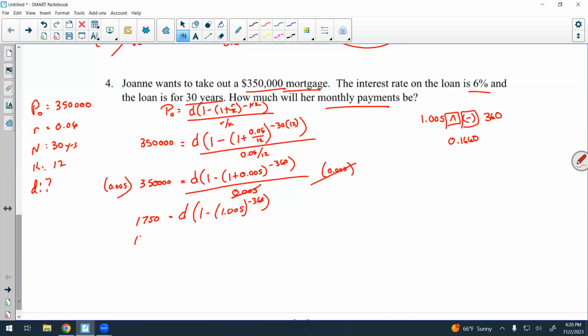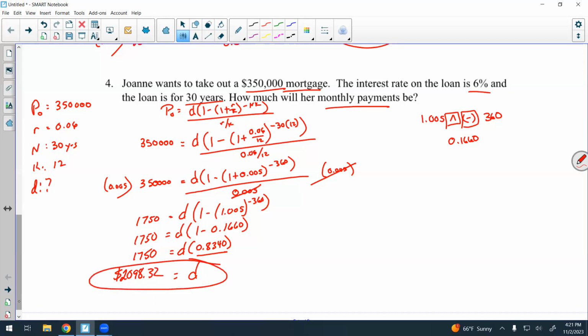So that gives me 1,750 equals D times 1 minus 0.1660. So 1,750 equals D times 0.8340. Divide both sides by this, and I get D equals 1,750 divided by 0.8340, which is $20,098.32.